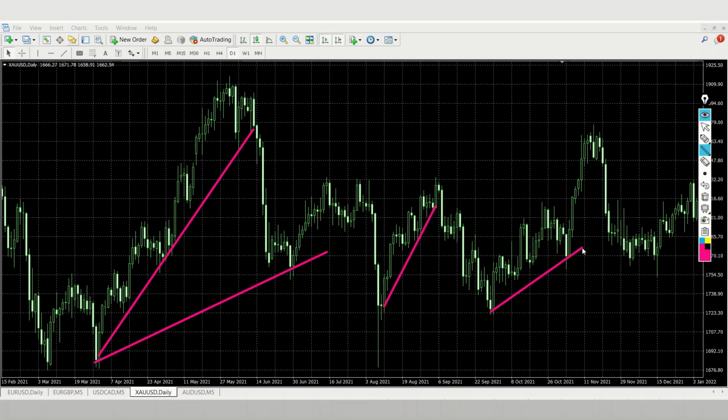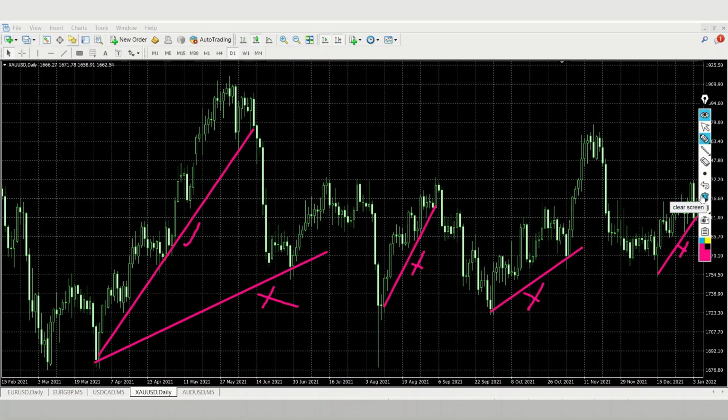Then here you have this one connecting 2 points, and it can also work. Then you have here a short trend line, but it is not reliable. This one is not reliable. This one is reliable, but it is too steep, so we cannot use it for trading.